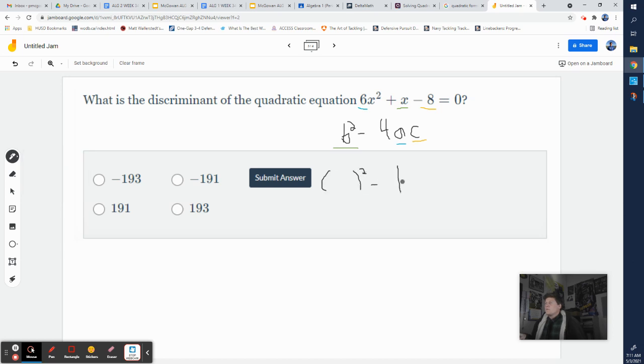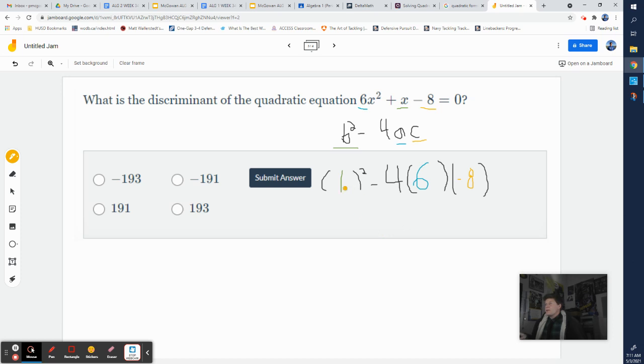Now notice the parentheses squared, the times negative 4, that always stays the same. That doesn't change. The only thing that's going to change is our a, b, and c value. B, we said, was that invisible 1. A is that positive 6 with the 6x squared. And then C turns out to be negative 8.